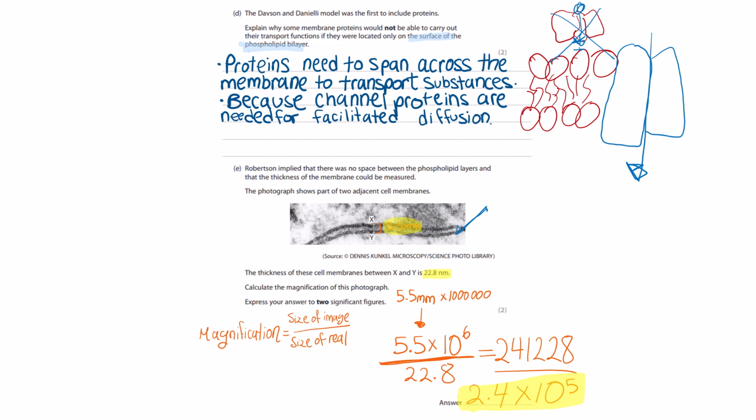So we have 5.5 millimeters, which is measured by a ruler, and then we're going to times it by 1 million to get nanometers, or you can just write times 10 to the power of 6, which is correct, over 22.8, which gave me 241,228, which I rounded to 2.4 times 10 to the power of 5. Since it's two significant figures, this is my first significant figure, this is my second significant figure.